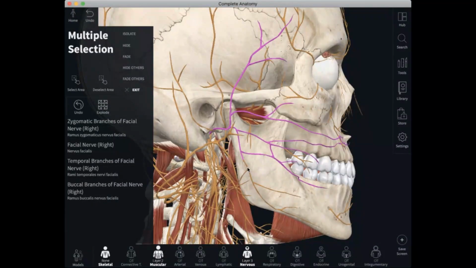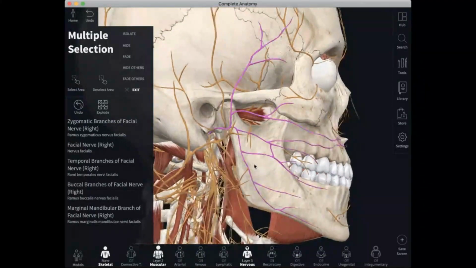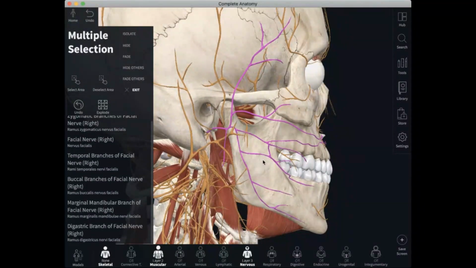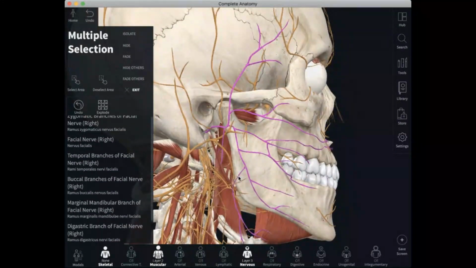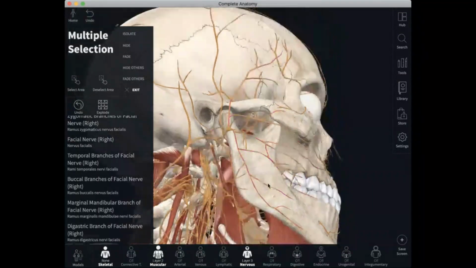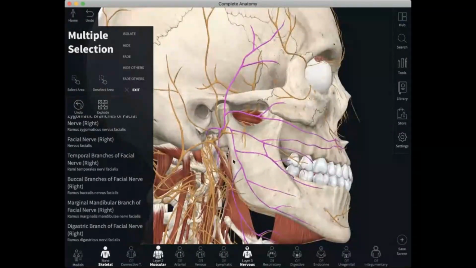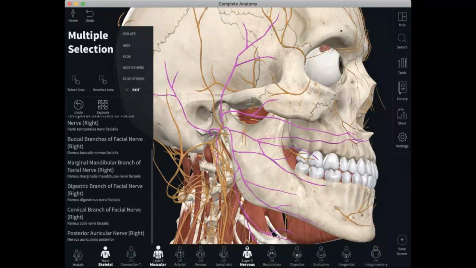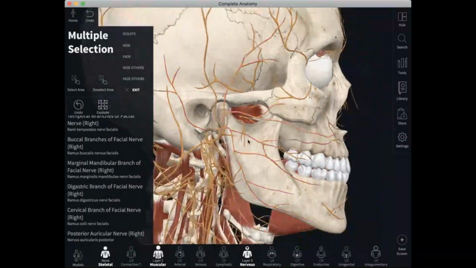And this is the mandibular branch, where it is supplying the muscles of the mandible region. And here you have this small digastric branch. Also there is a cervical branch, and this is the posterior auricular nerve branch.